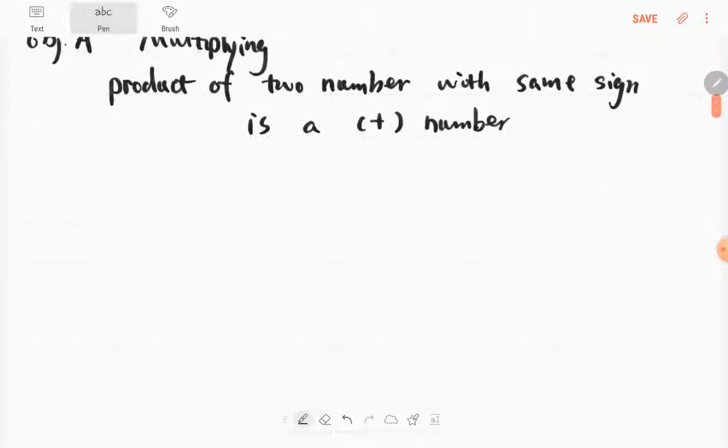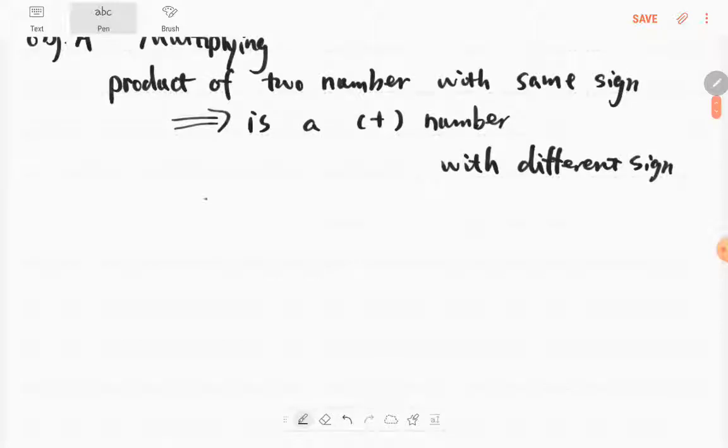Similarly, the product of two numbers with different signs, we will get a negative number. Okay, let's check some examples.